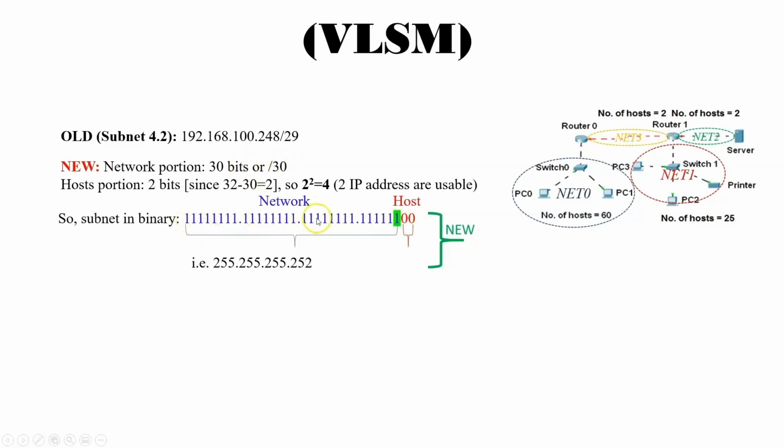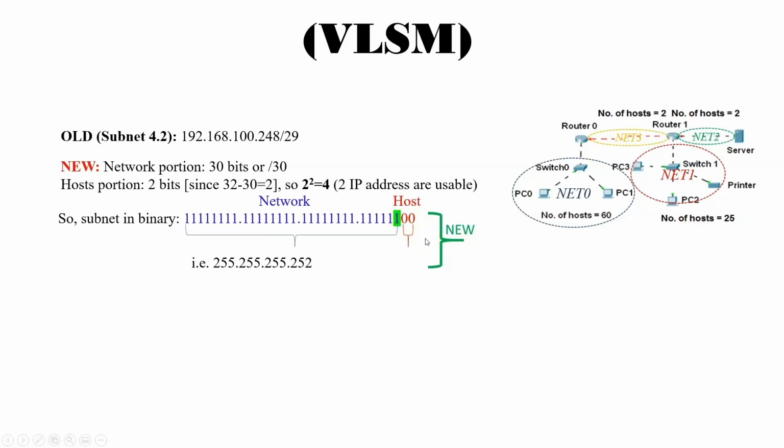So 8 plus 8 plus 8 plus 1, 2, 3, 4, 5, 6. Right? 24 plus 6, that makes it 30. So the last bit here, when I say the last bit, means this 30th bit, it could be in a 0-bit state, or it could be in a 1-bit state. So when it is in a 0-bit state, what will happen? The host will be 00, 01, 10, 11.